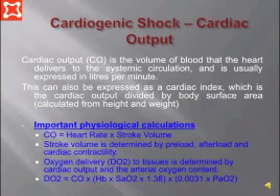Some basic physiological calculations that are useful include cardiac output, which is simply the product of the heart rate by stroke volume. In turn, stroke volume is determined by the preload, afterload and cardiac contractility.